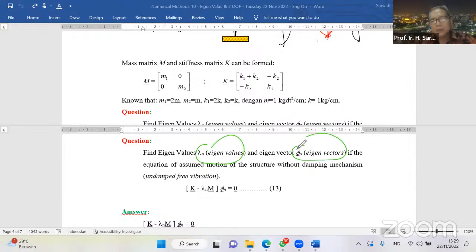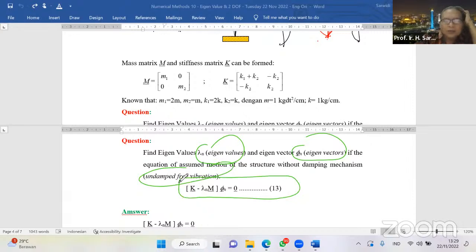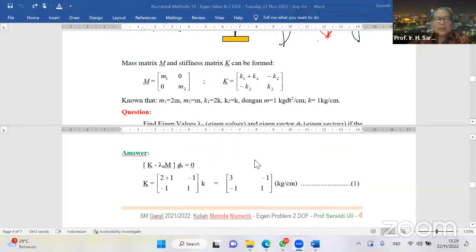This is the equilibrium, meaning eigenvalue and eigenvector. So using the equation of this, very familiar, popular in our case here.